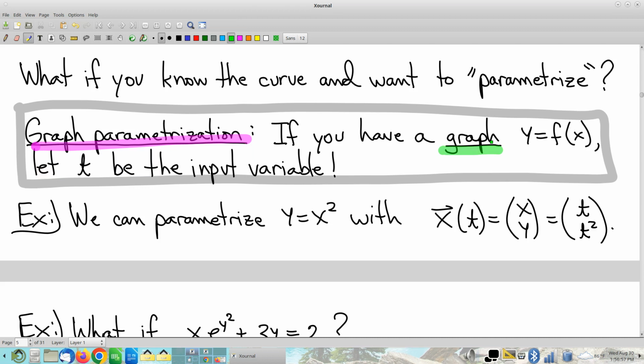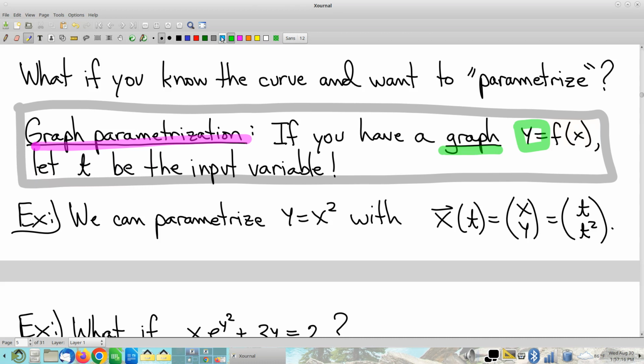We will talk more about what graphs are and how to think about them, et cetera. But for the moment, let me just say it's where you've got one of the variables as a function of the others. So think back to high school algebra, and you graph a function, for example.